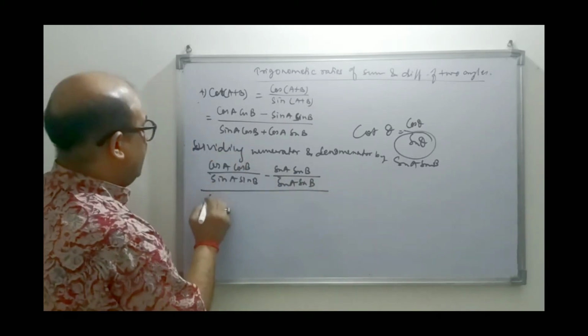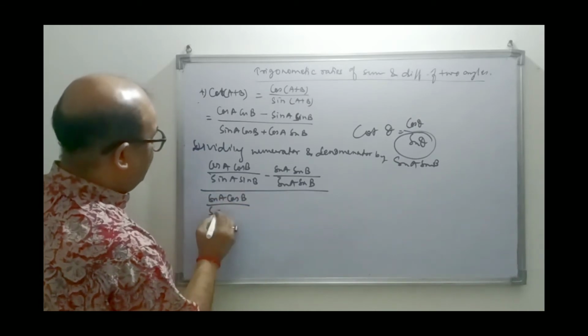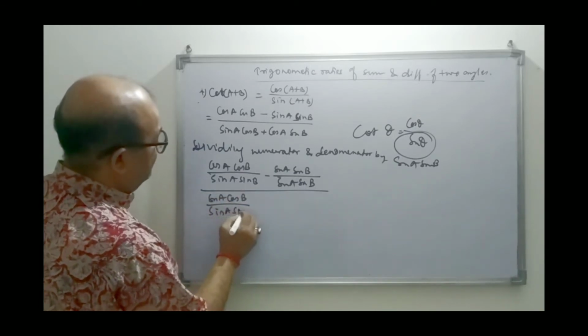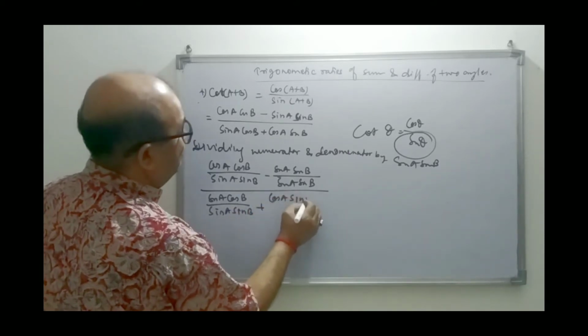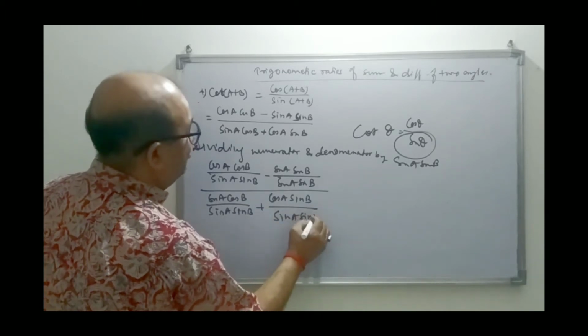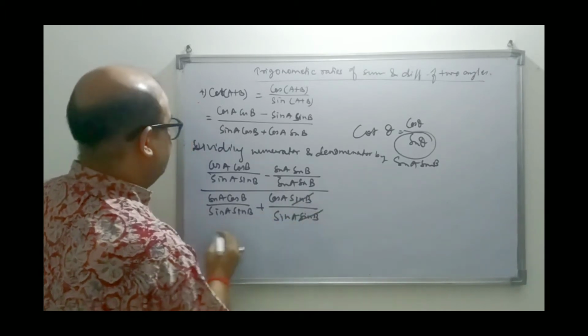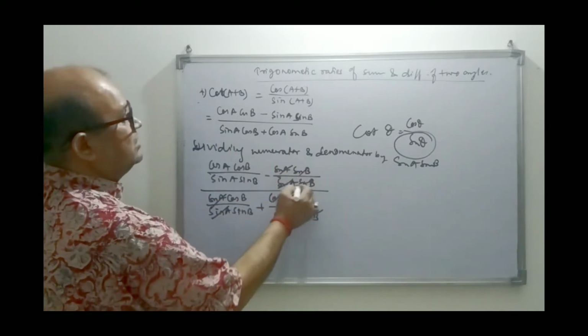What do I get here? Sin A cos B upon sin A sin B plus cos A sin B upon sin A sin B. What gets cancelled? Sin B cancels here, sin A cancels here. What do I get?